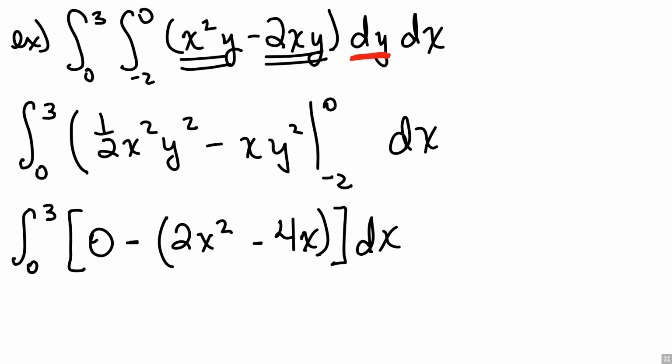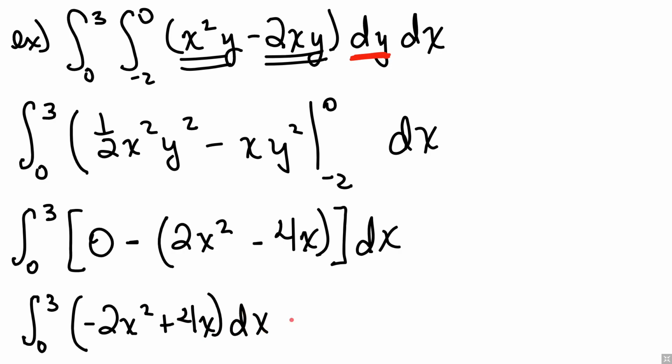And I always recommend simplifying before trying to integrate again, just to make your life easier. So really, we're going to have the integral from 0 to 3 of -2x squared plus 4x dx.